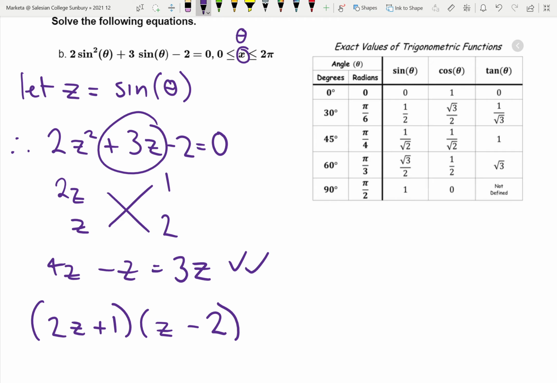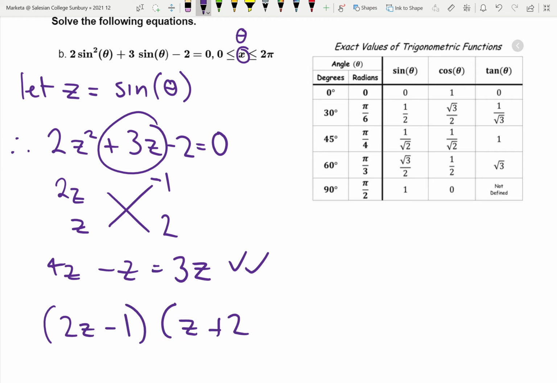I've done something wrong there, haven't I? Yes, I have. Well, I've forgotten the negative, so we're minusing 1 there. There we go. So let's do that again. I just didn't write the negative there. I meant to put it. So we've got 2z minus 1 and z plus 2 equals 0. Okay, that's more like it.